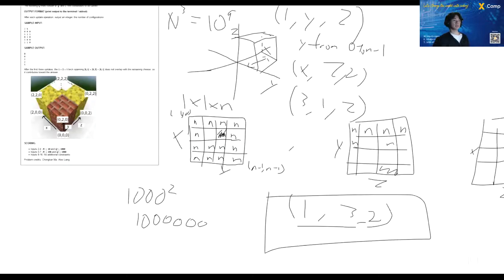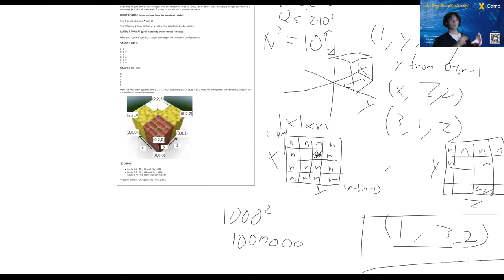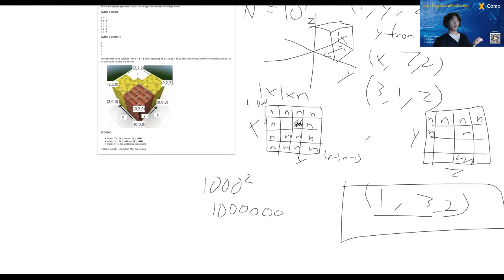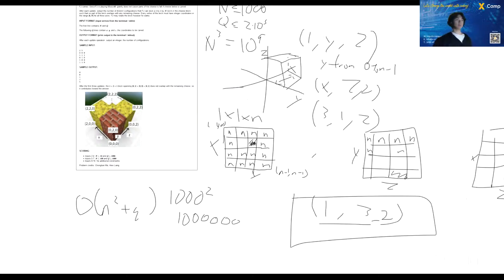The time complexity is first n squared to make and maintain all the arrays and set them all to n, and then O of q for every single query, because it's O of 1 for each. So the time complexity is O of n squared plus q. And this passes because this is basically 1 million max, since q is 200,000.